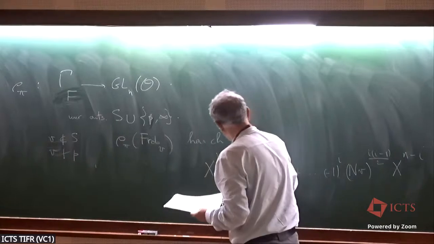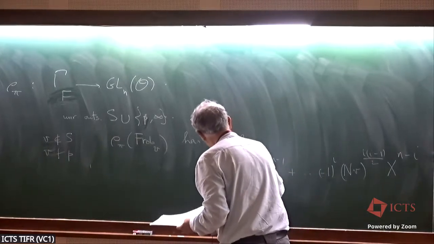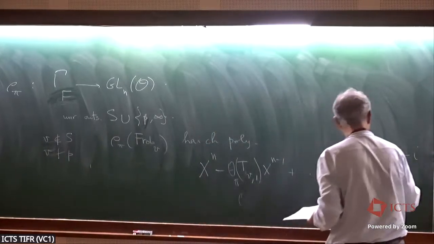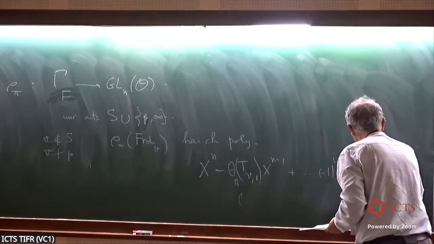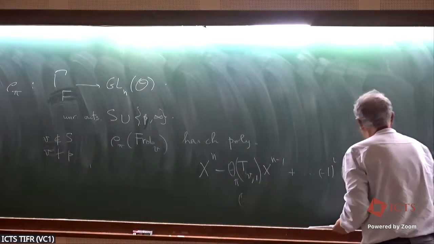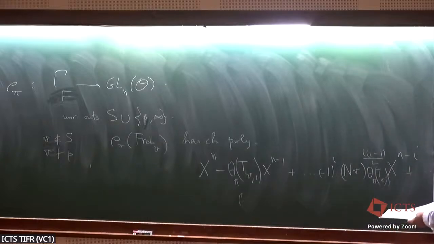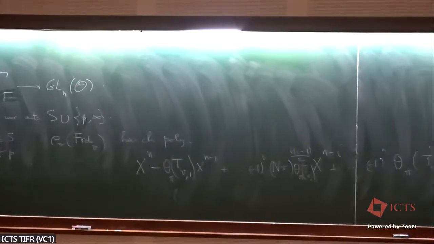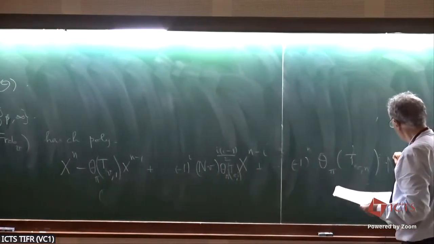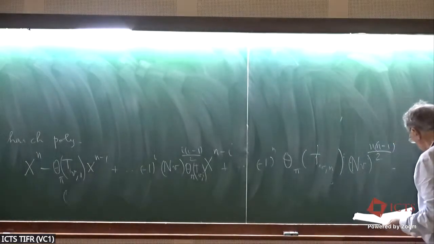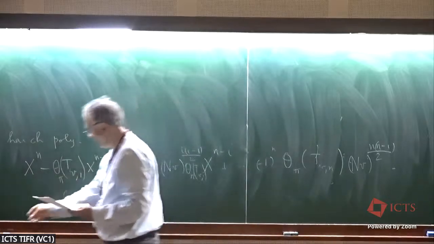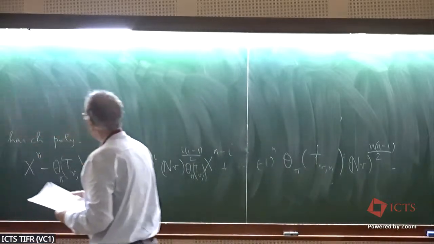Of course, this is a Hecke operator, so I have to apply theta pi, times norm of v to the n minus 1 over 2. So this is the formula for the characteristic polynomial. And so that's nice.